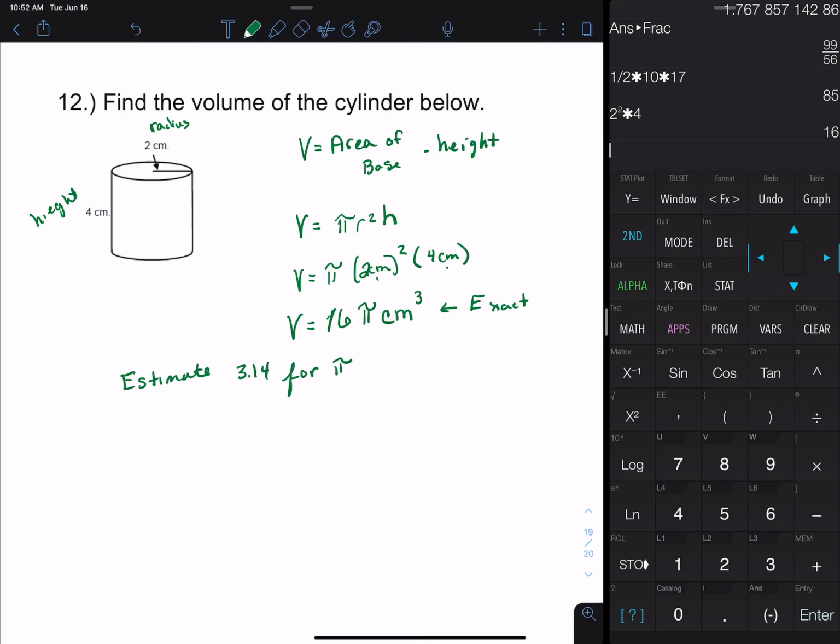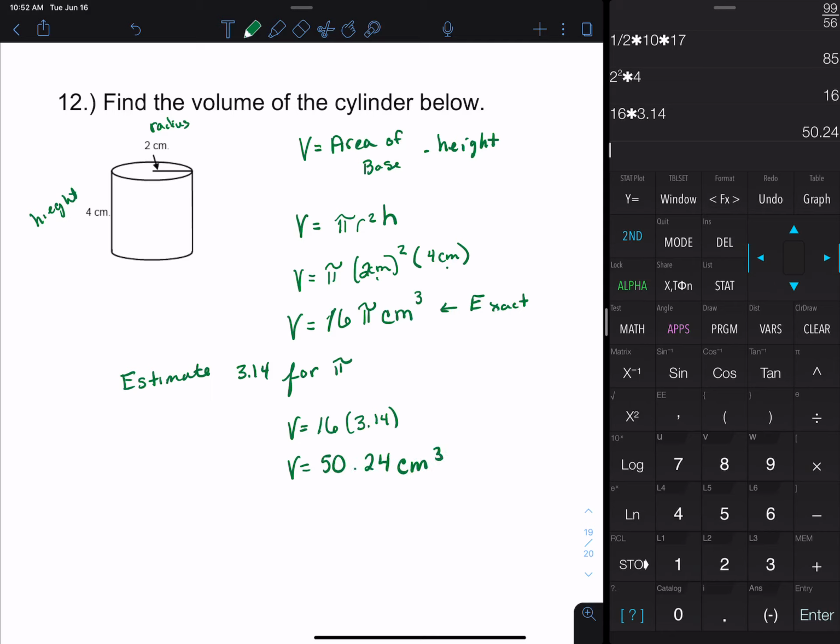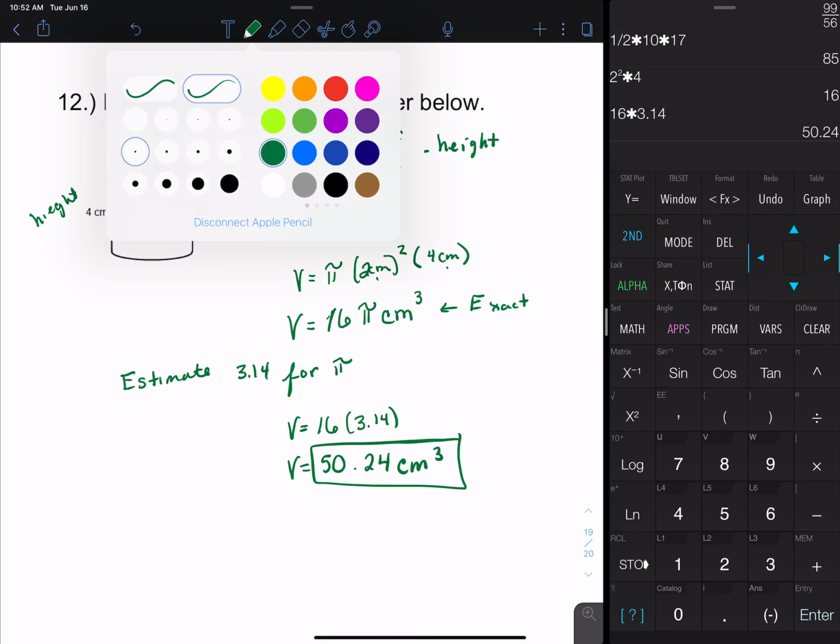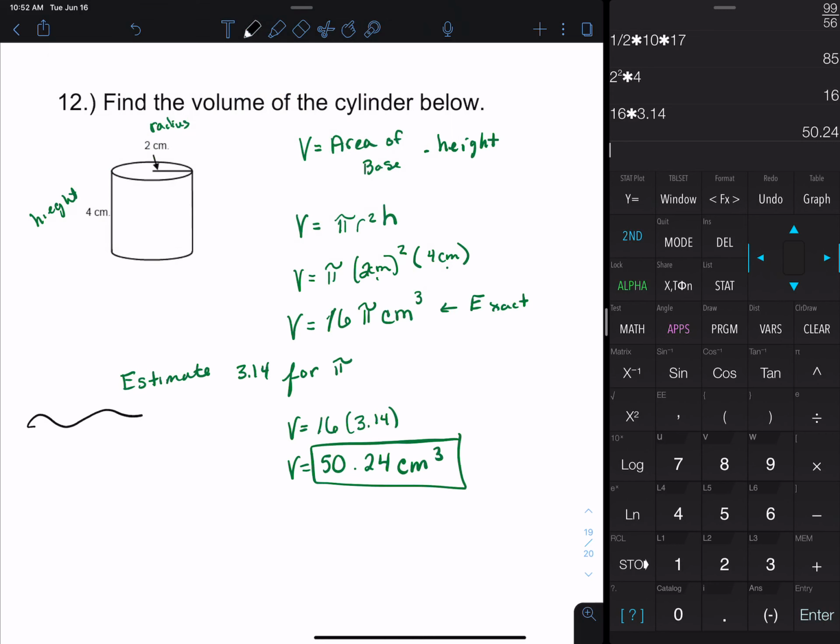So let's try that. If we estimated, we'd say 16 times 3.14. And that would give us a volume of 50.24 centimeters cubed.